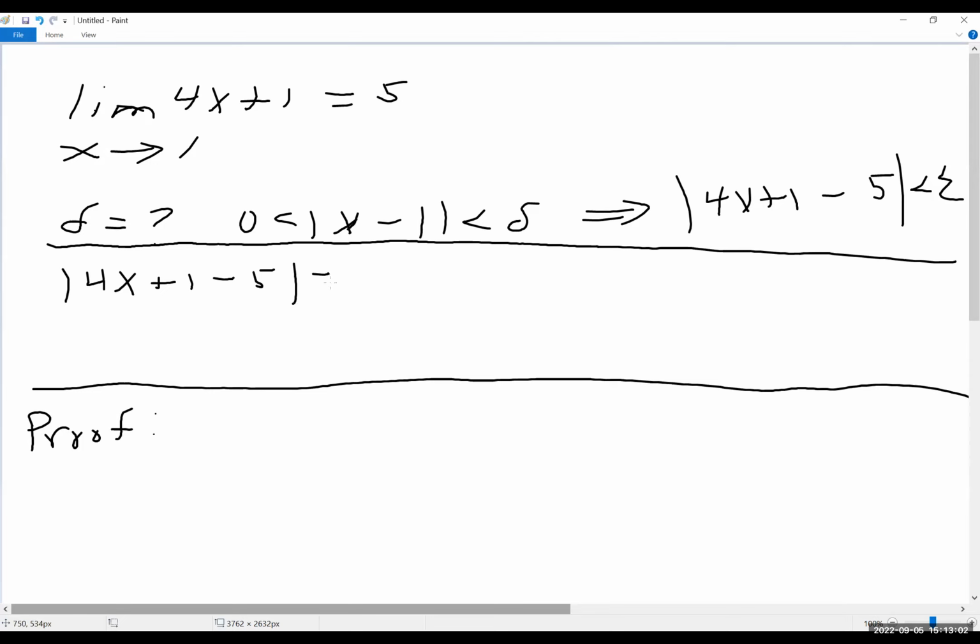And so if I just do some algebra on that expression, what I find is that I end up with 4x minus 4. And then I'm going to factor out the 4. And what I'm remembering here is that I want that to be less than epsilon.